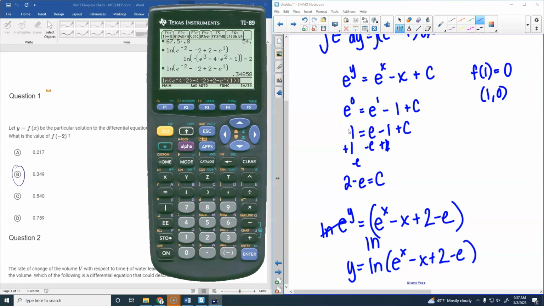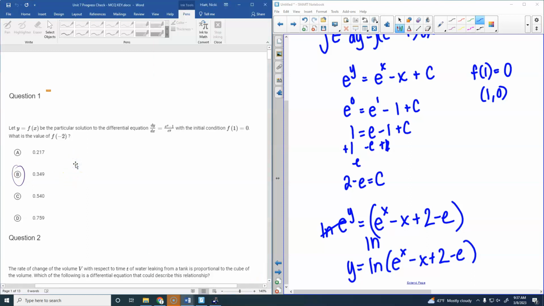And it's going to give us 0.34858, which is going to be B for that. Okay. Questions on that one?